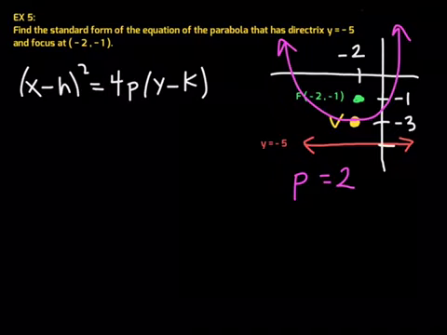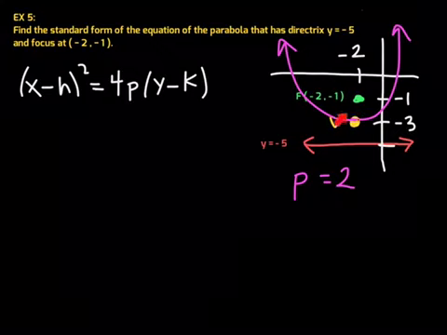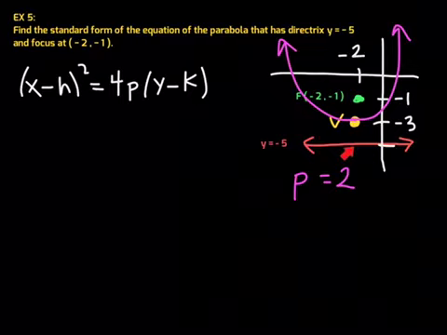The distance from the vertex to the focus is 2 units, and the distance from the vertex to the directrix is also 2 units. Okay, so let's plug everything in.